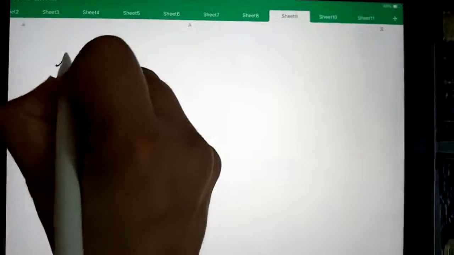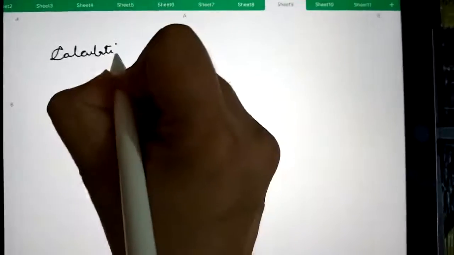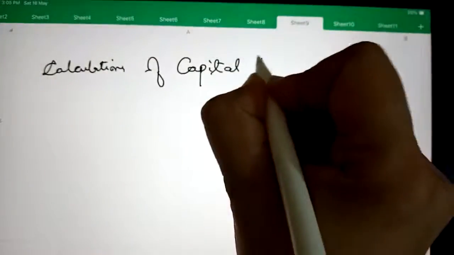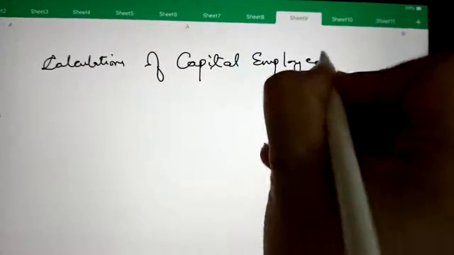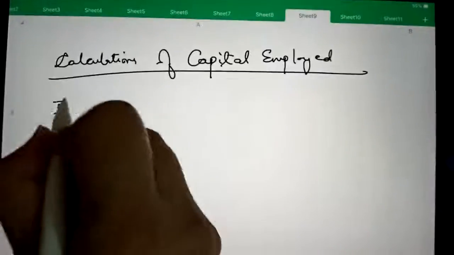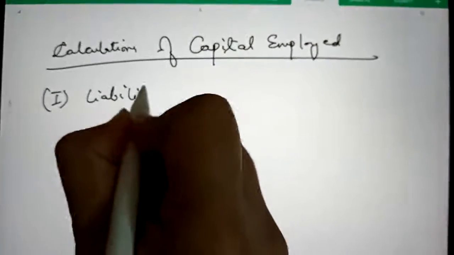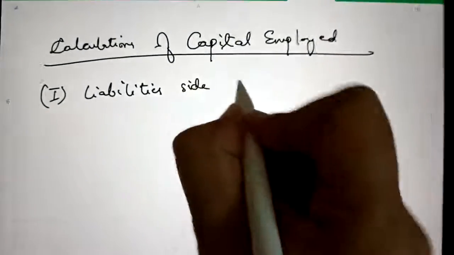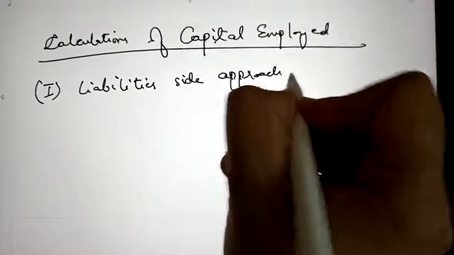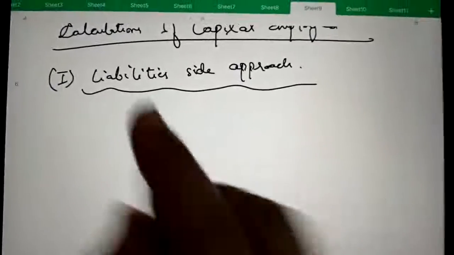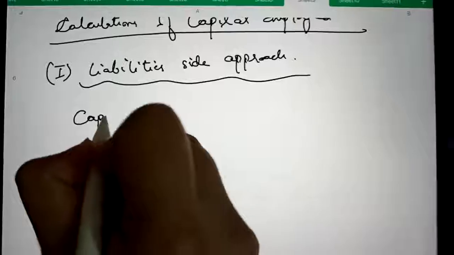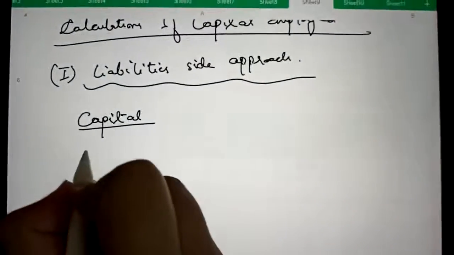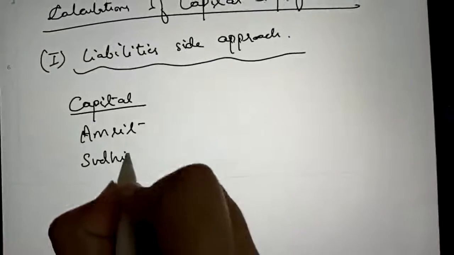On the liability side approach, we have to calculate capital employed, and the first approach is liabilities side approach. Under liability side approach, we will first write capital of Amrit and Sudhir.